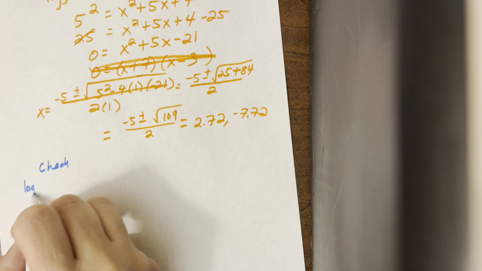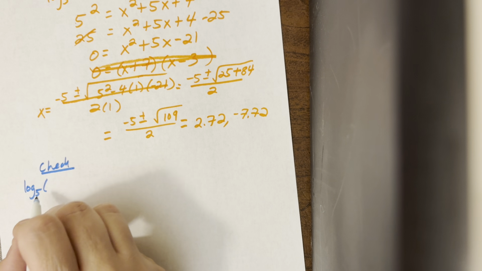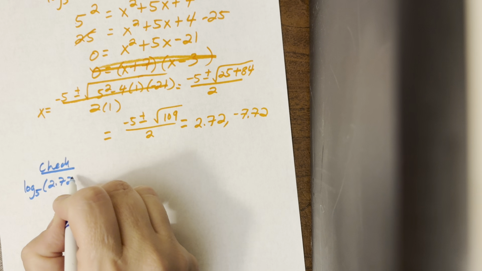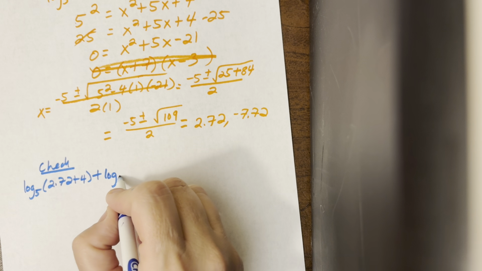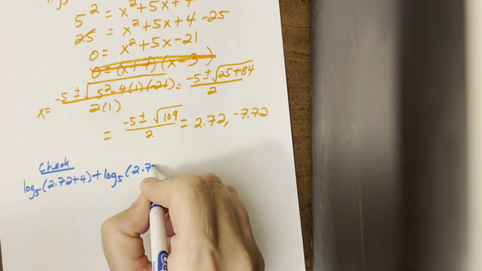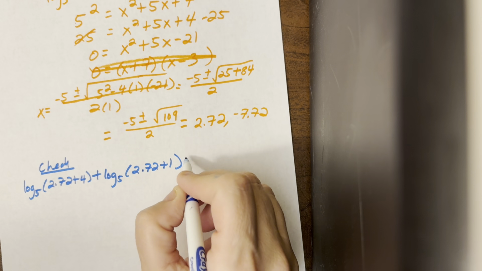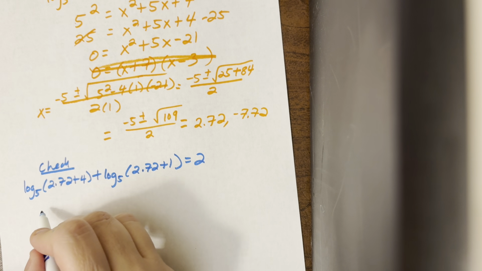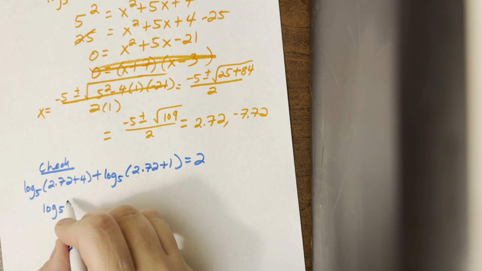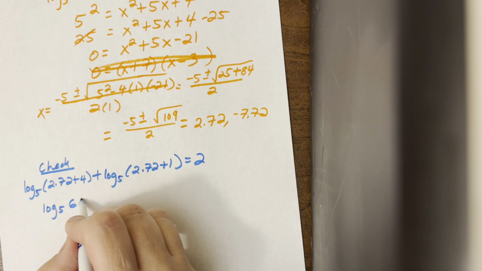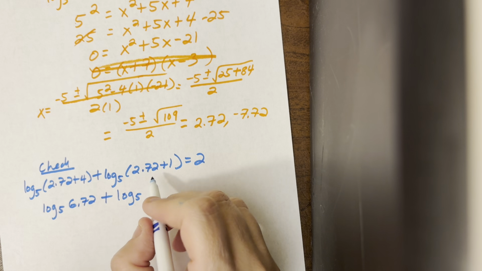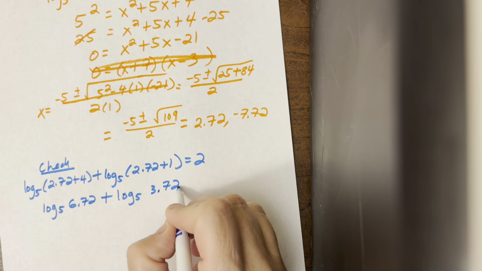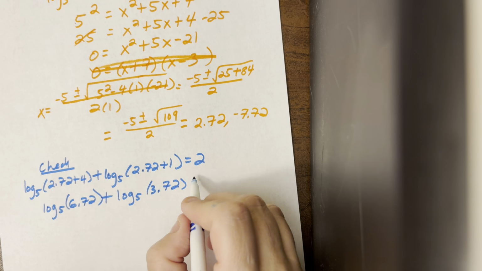So we've got log base 5 of 2.72 plus 4 plus log base 5 of 2.72 plus 1, and that should equal 2. Holy cow. Log base 5 of 6.72 plus log base 5 of 3.72. I don't like these decimals.